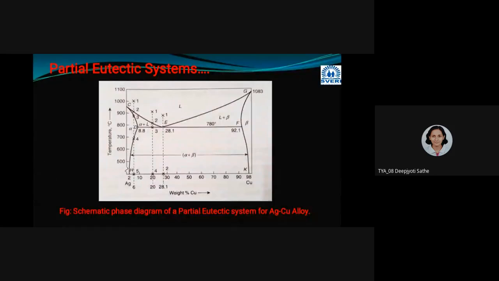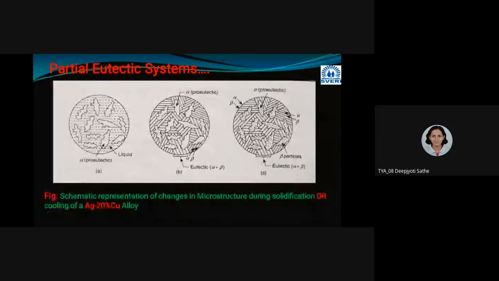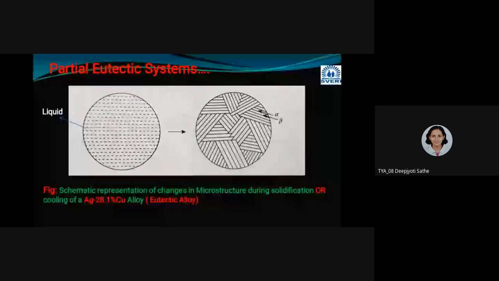From point 1 to point E, the alloy will be in the liquid state only, and when the temperature reaches exactly point E, the eutectic transformation temperature, the total amount of liquid will get transformed to a mixture of two solids, that is alpha plus beta. It is shown, and depending on its appearance, you can distinguish which is the alpha phase and which is the beta phase. They will have different morphologies, and depending on the microstructure, you can clearly identify them.